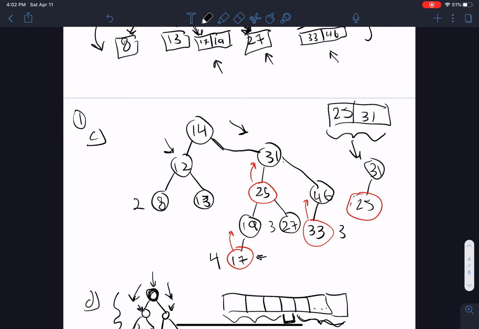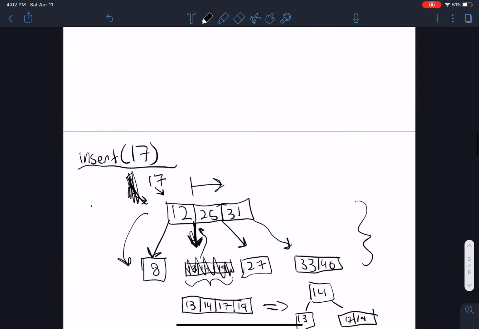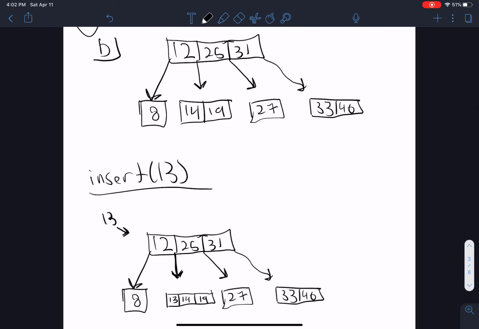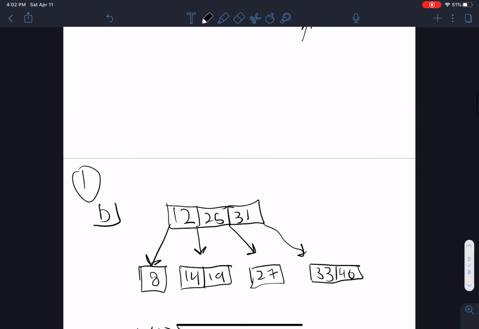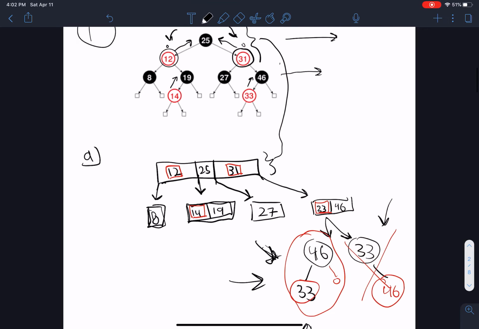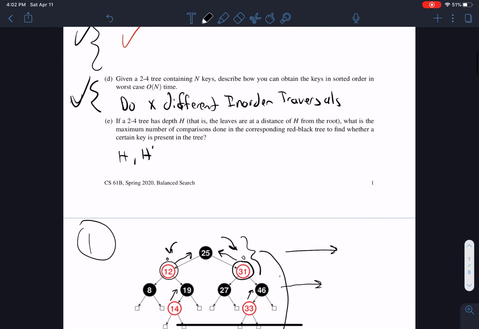So actually the right child here wasn't as bad as the other one, because this one's height 3, right? If this was triple stuffed, then this would also be height 4, because there would be another red node right before the 46. So basically, it doesn't matter if it's double stuffed or triple stuffed. Triple stuffed will definitely be more, but asymptotically, it'll be the same, right? In the worst case.